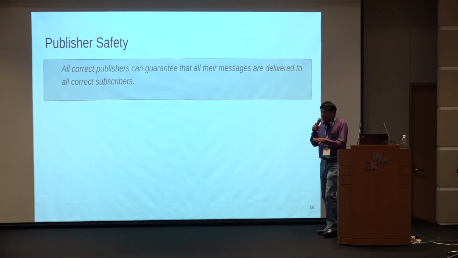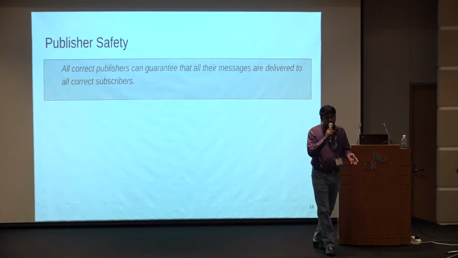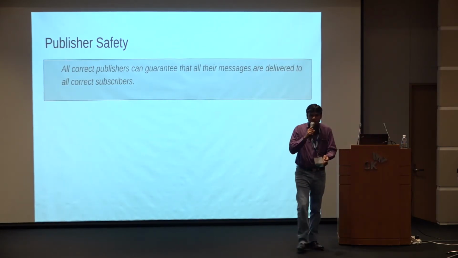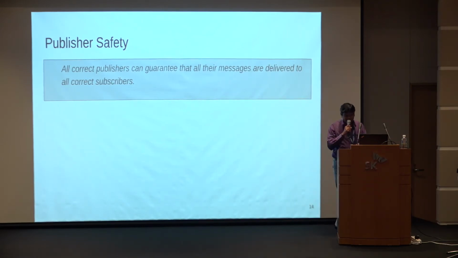Again, due to the limited time we have, I'm not going into the details of all the safety and liveness properties. I would encourage you to read our paper to get a better understanding of some of them. One of the properties that we prove in the paper is publisher safety, which states that all correct publishers can guarantee that all their messages are delivered to all correct subscribers.